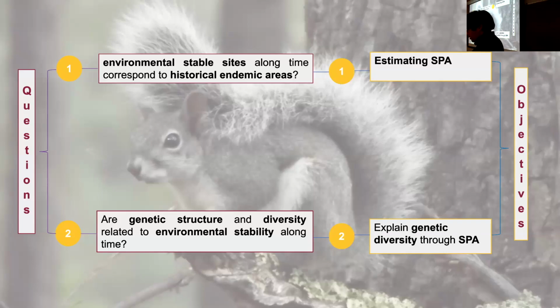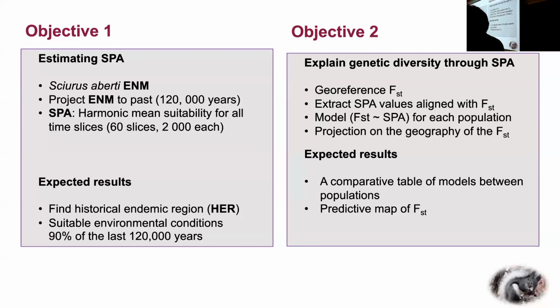So it's a system that you can imagine as an island, because it's a pine forest surrounded by desert or other habitats. So these are our objectives in more detail.